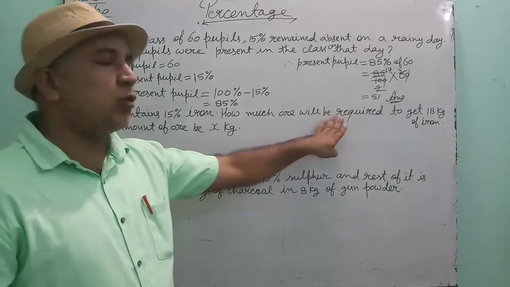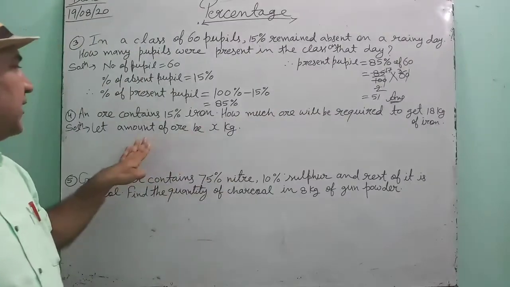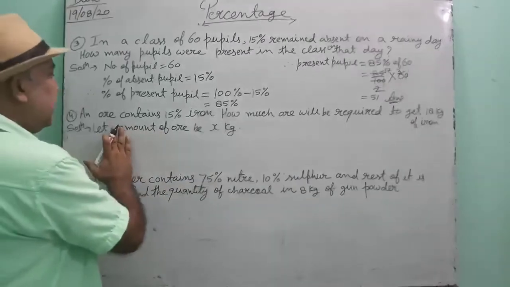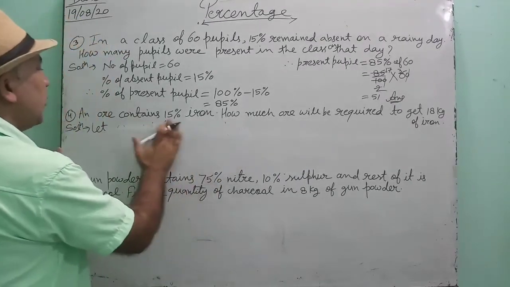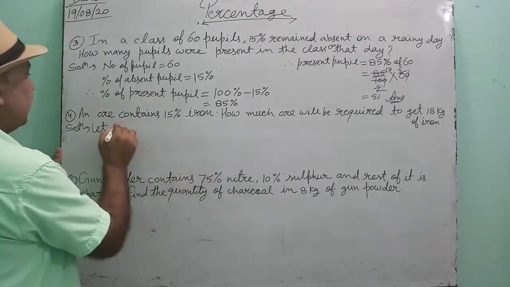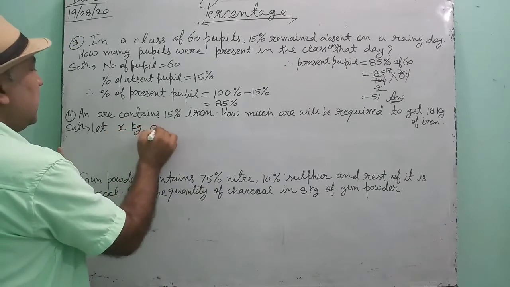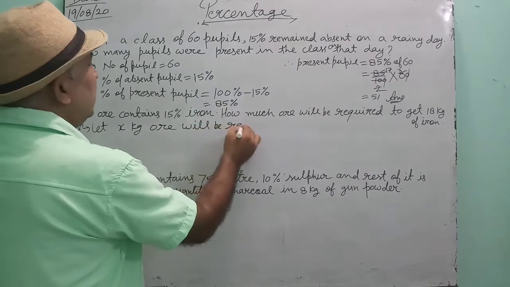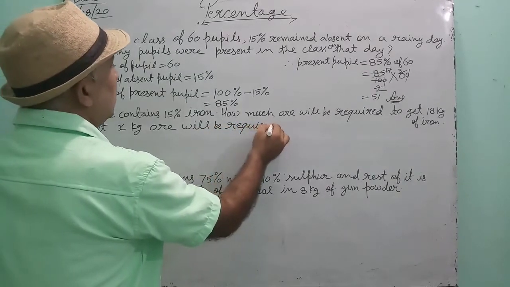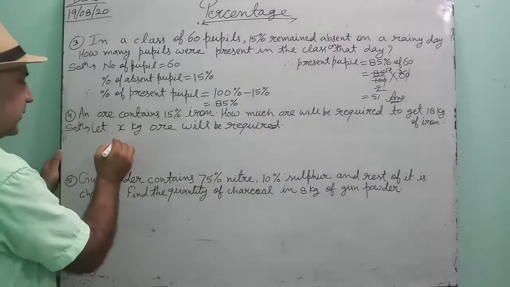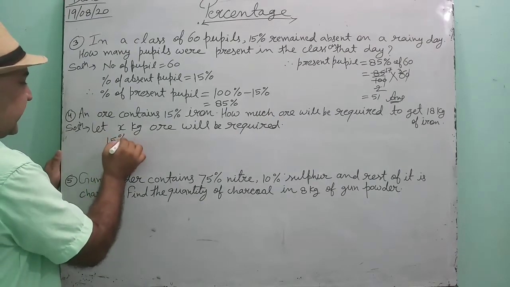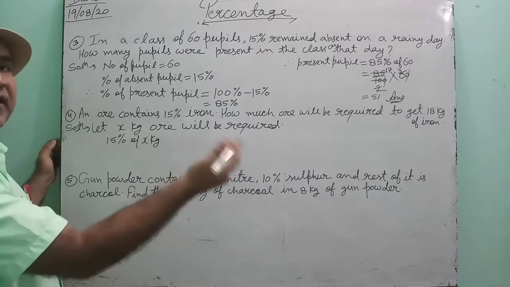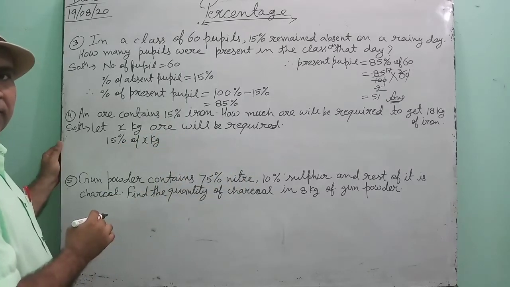Suppose we do not know how much ore is required, so we are taking that amount of ore as x kg. Let x kg ore be required. Then 15% of this x kg ore will give the 18 kg iron.